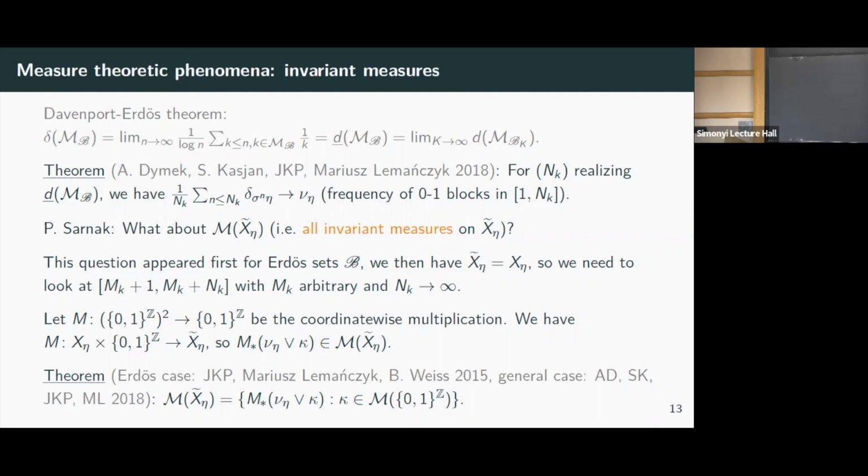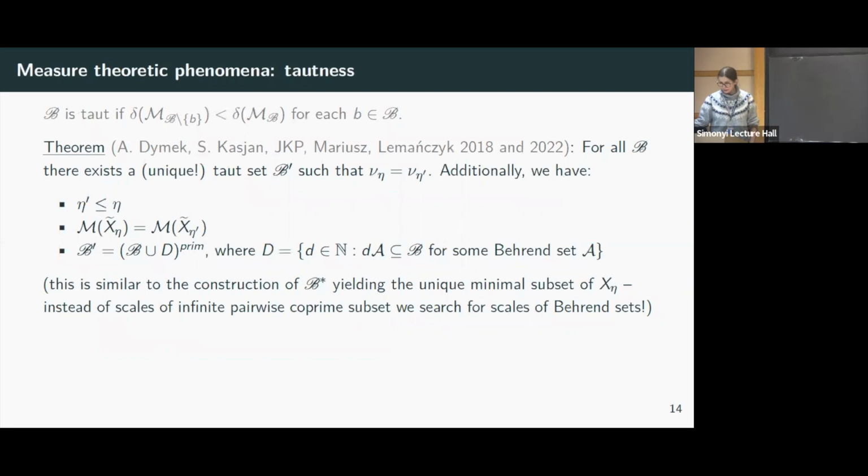I take the image via M, I get an invariant measure on the hereditary closure of a B-free system. So I can keep producing more and more measures. And it turns out that's it. So you cannot get any other invariant measure. Every invariant measure on the hereditary closure of a B-free system is of this form.